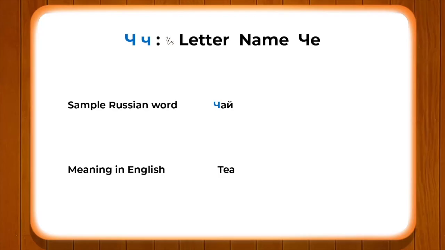So normally we say tea without milk is black tea. So chai without milk is black tea, and tea with milk is "chai s molokom."